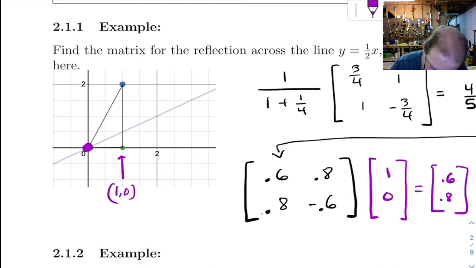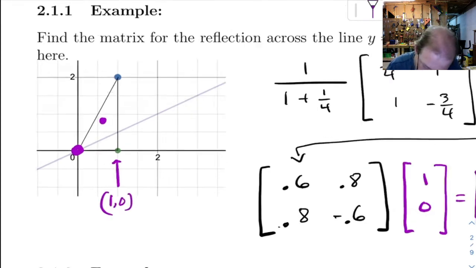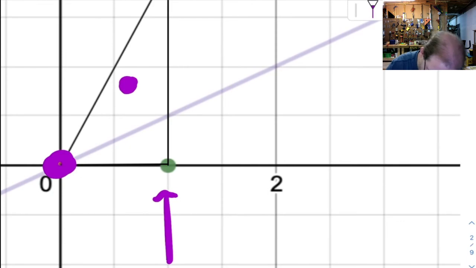If I graph that on here, remember each one of these little minor grid lines is 1/2. So 0.6 is going to be here-ish, and then 0.8 is going to be there-ish. So that looks good for this point. And while I'm at it, I'm going to draw in a little line here. This maps to there.